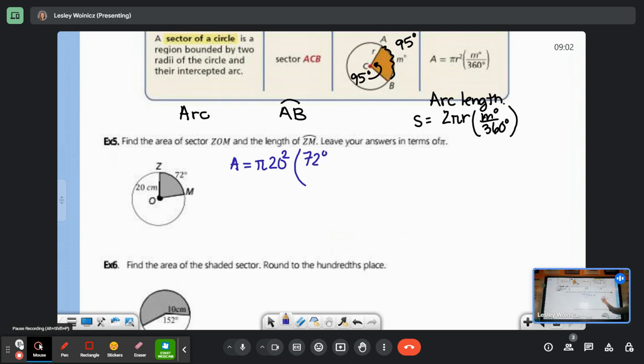Well, because that's the arc measure, so that also tells us the central angle. Remember that they are the same measure. They're not congruent because they're different figures, but those two different figures have the same measure. So 72 out of the 360 degrees around the whole circle. We only want that part of it.